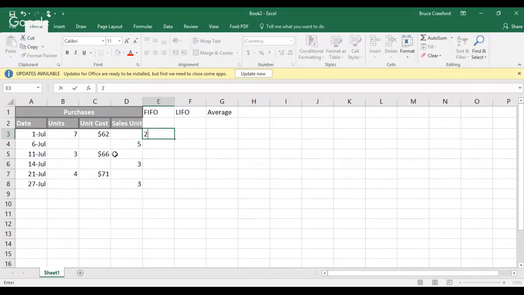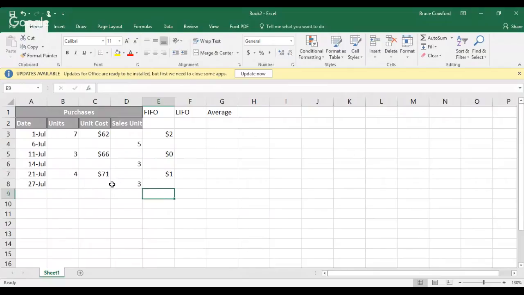And then they purchased 3 more at $66 and sold all of them. So they had 0 remaining. And then 4 units at 71, sold 3, so they had 1 remaining. These shouldn't be dollar amounts. It's just 1 unit left and 2 units left. So in total, they had 3 units remaining at the end.